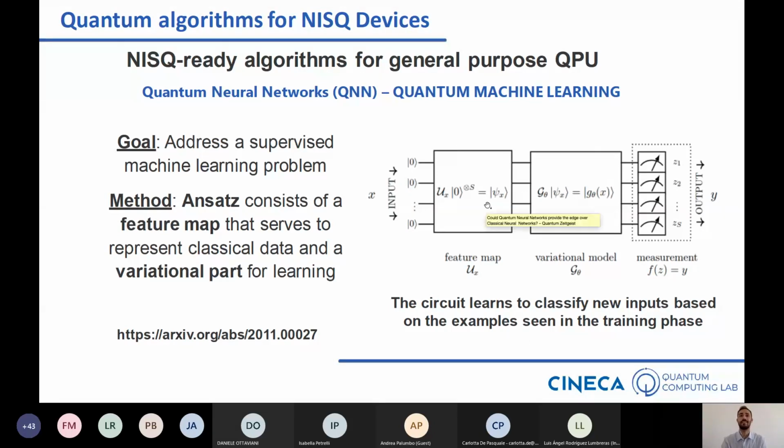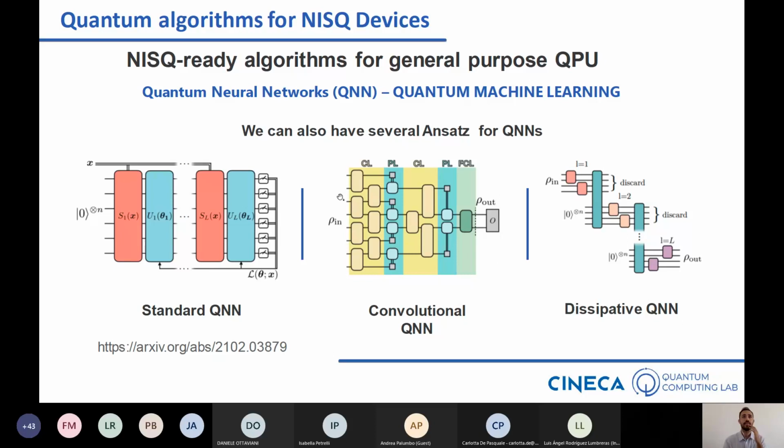So the idea is to train the circuit, the variational part after the encoding, and the variational part has to solve your problem. Let me show you some possibilities.